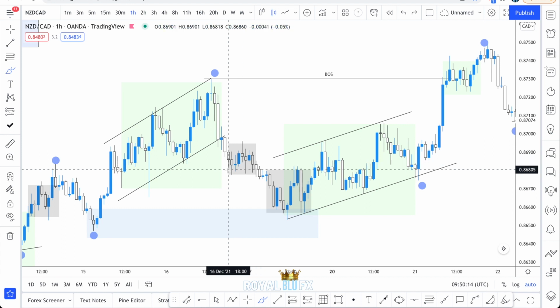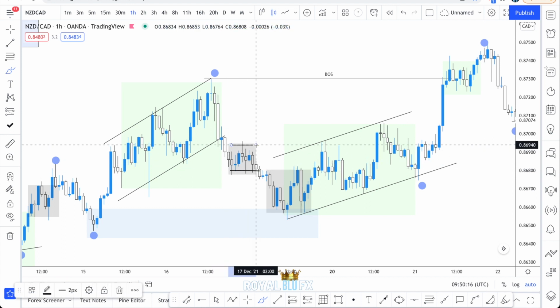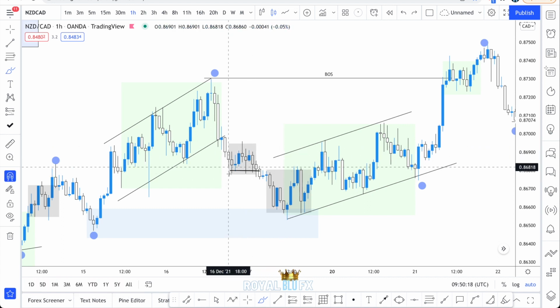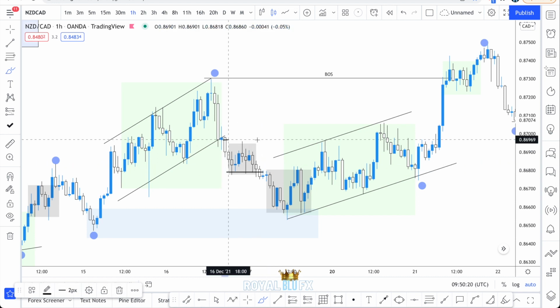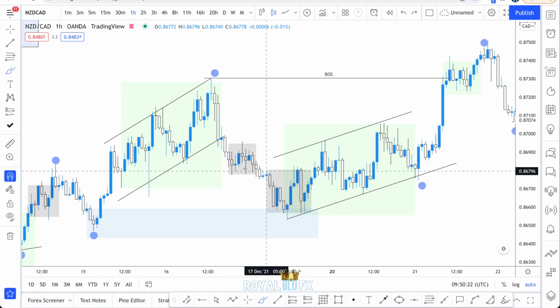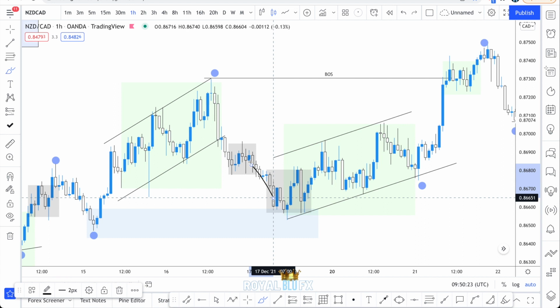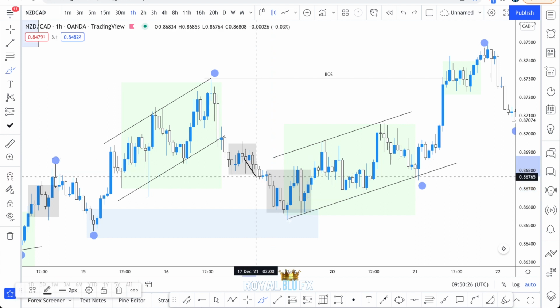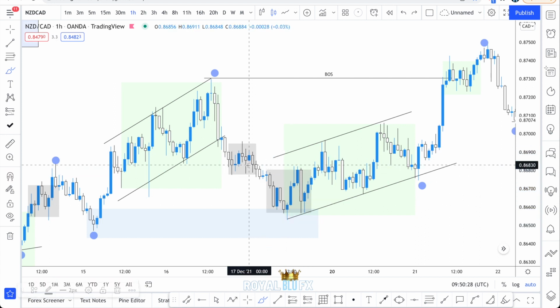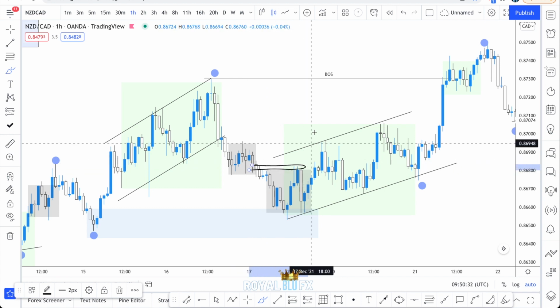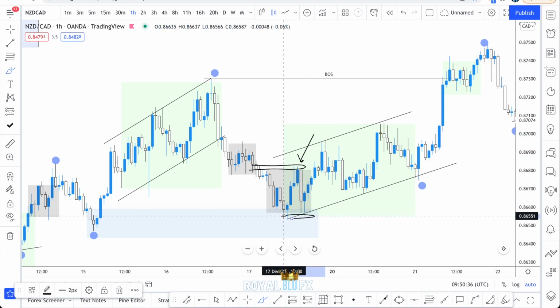These small ranges here. Price wasn't going anywhere. Price was just lingering around here, and then once price broke out with this extension right over here, you can just wait patiently for price to come back to a supply level, obviously, and then wait for price to sell off again at this low.